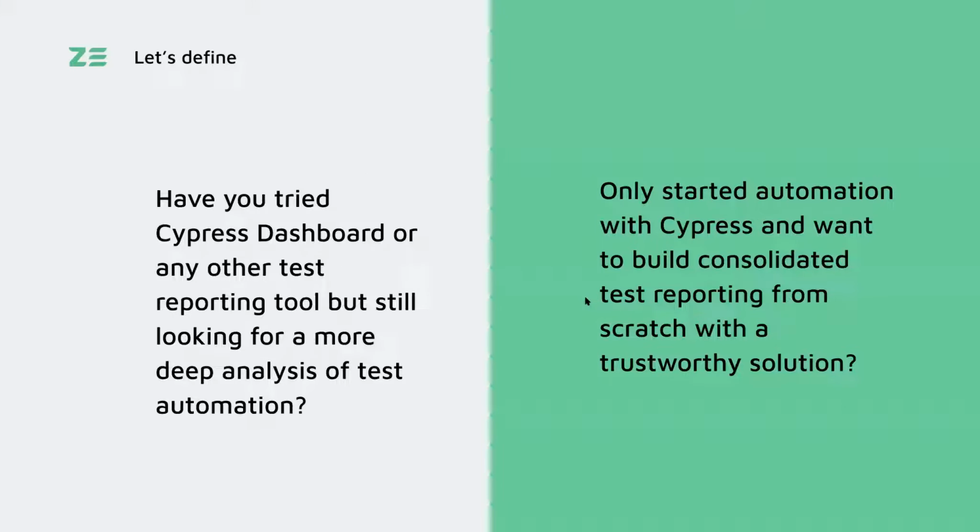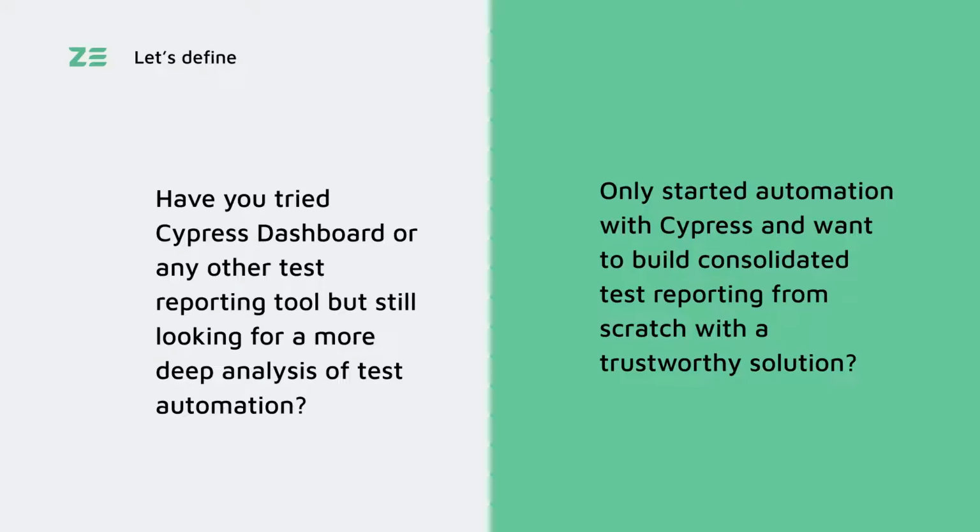So we wanted to share with you more knowledge about how to improve your testing process, your test reporting analysis, and failure analysis with the help of Zebrunner, and how Zebrunner could be used together with Cypress Dashboard as well, what the differentiators are, so how to make your life better.